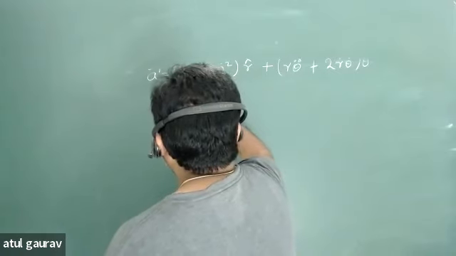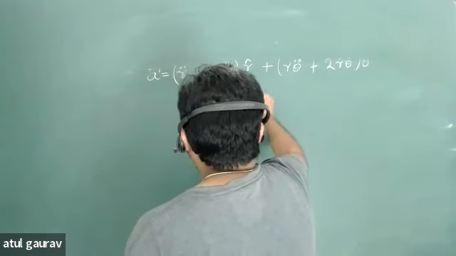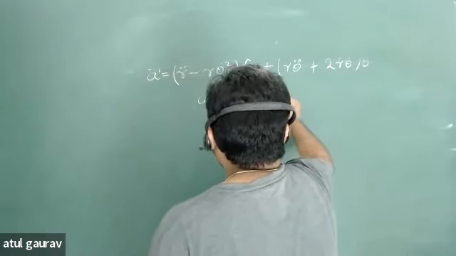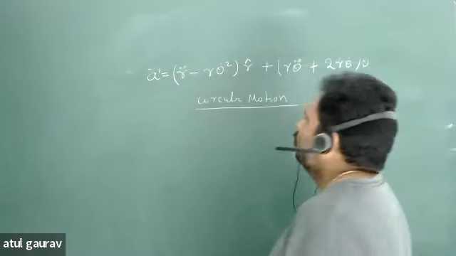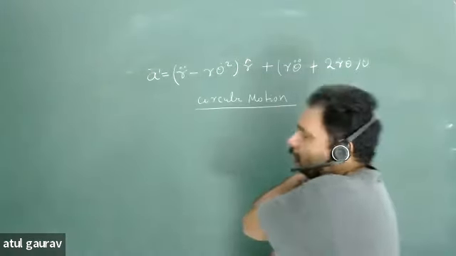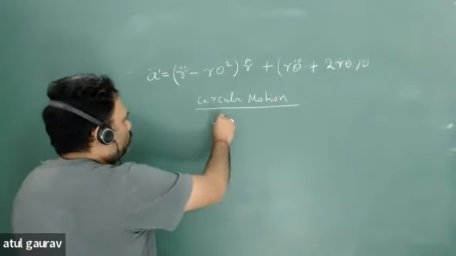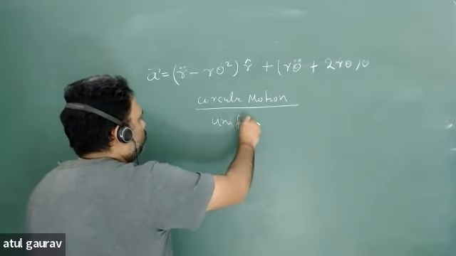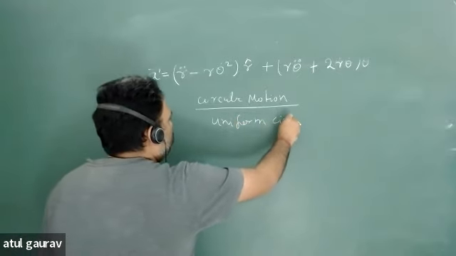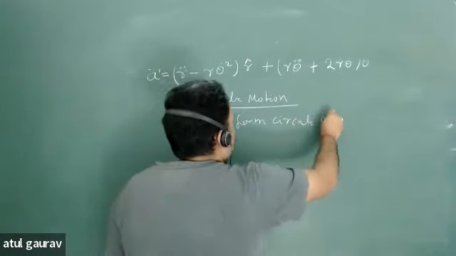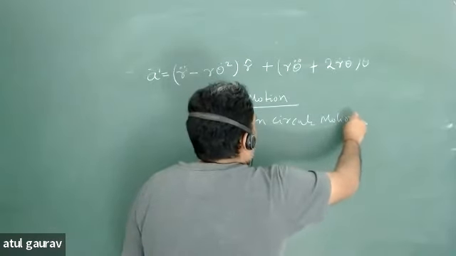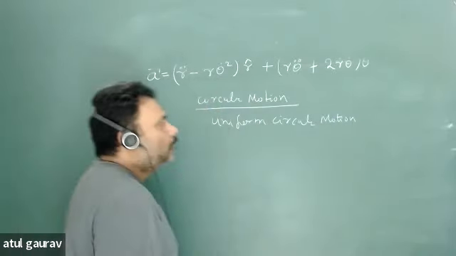Circular motion. There are two types of circular motion. The first is uniform circular motion. What is uniform circular motion?